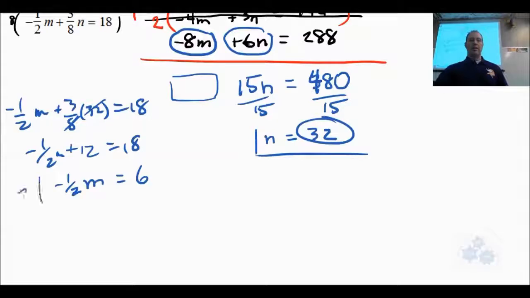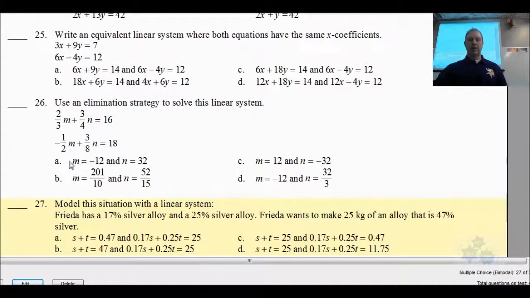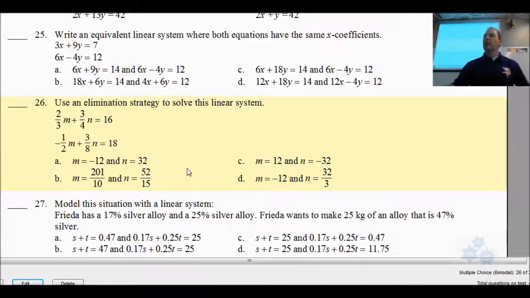So times negative 2 here will get us m all by itself. m is negative 12. Okay, so if you have a negative 1/2 m, if you multiply it by a negative 2, then you get rid of the fraction and the minus sign, and you have just m. Okay, so negative 12. So is that, here we go, A. See that? A.